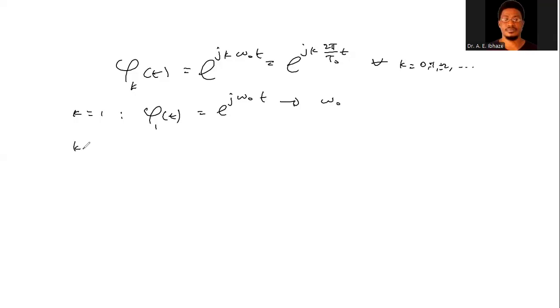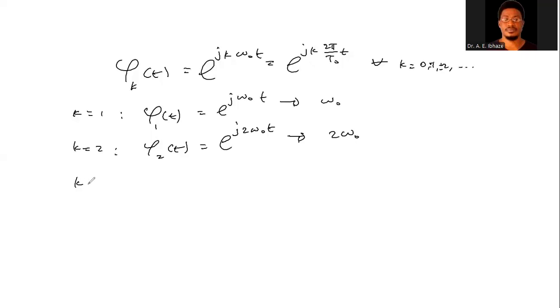And then at k being 2, we see that phi 2 of t is the same as the exponential j 2 omega naught t, and here we have 2 omega naught.